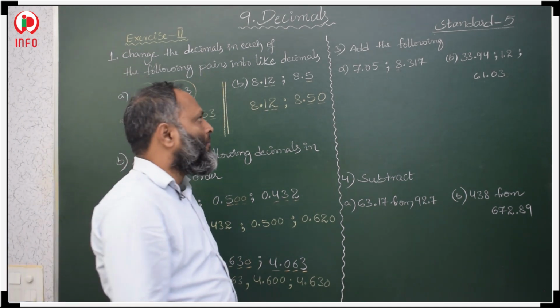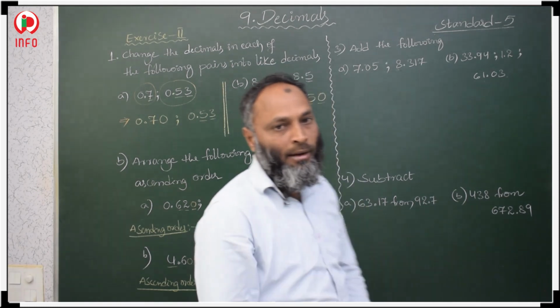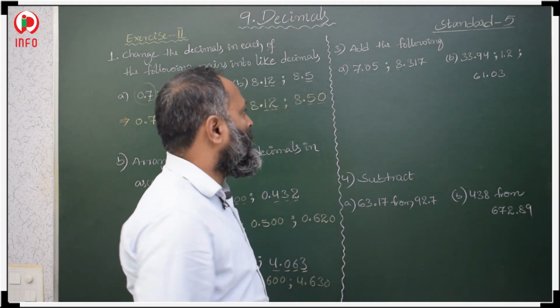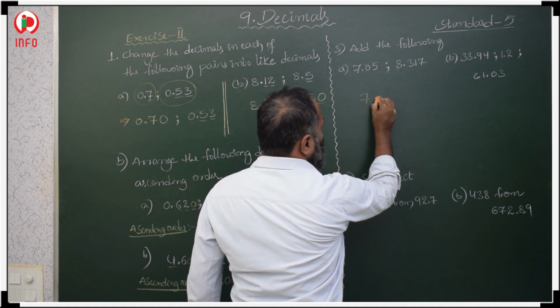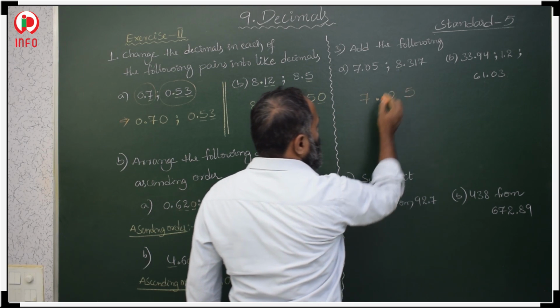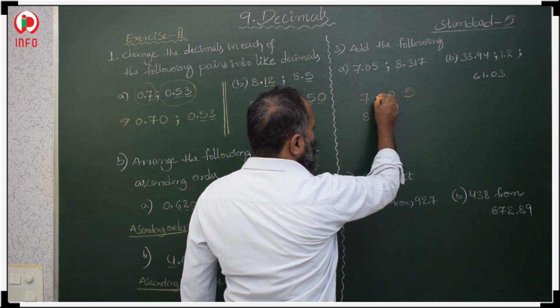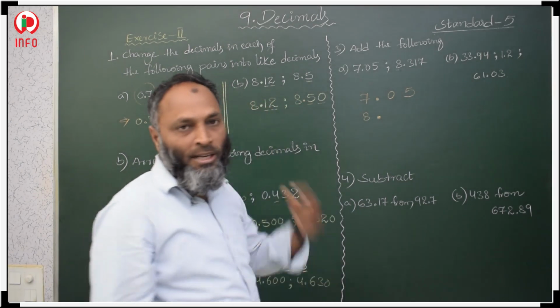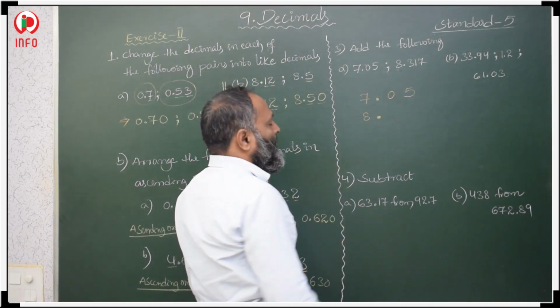Okay. Now the next question, addition. Add the following numbers. 7.05, then after that 8 point. Decimal point and decimal point will come in one column.